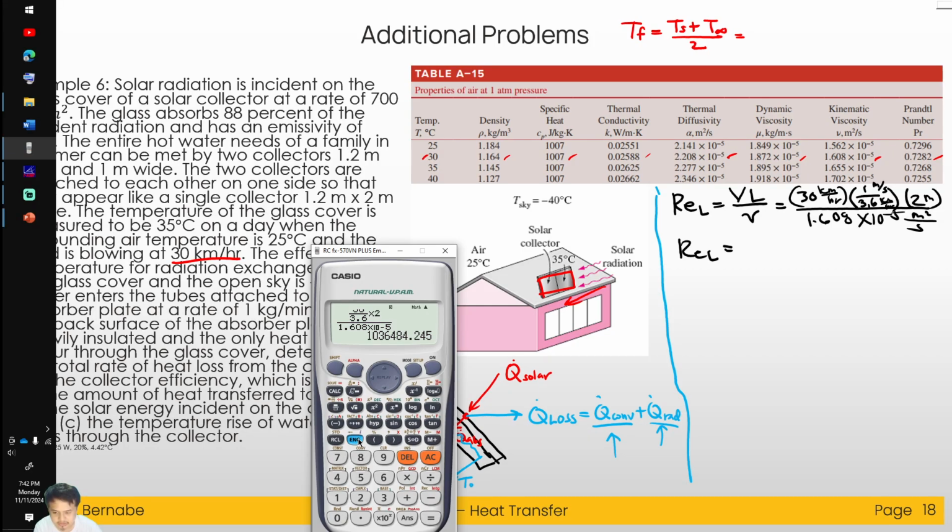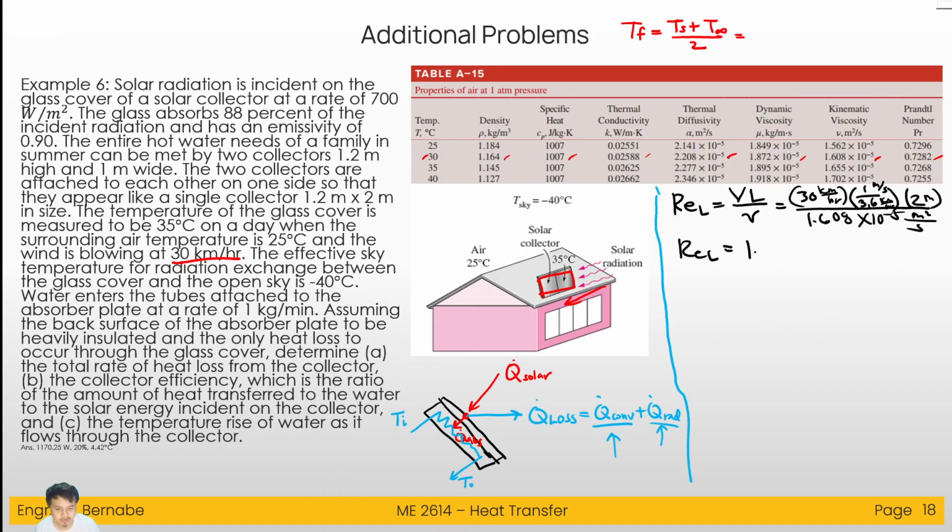So we have 1.0365, no, I'll just use 4 significant figures: 1.637 times 10 to the 6. Since this is greater than the critical Reynolds number of 5 times 10 to the 5, we will only use mixed.